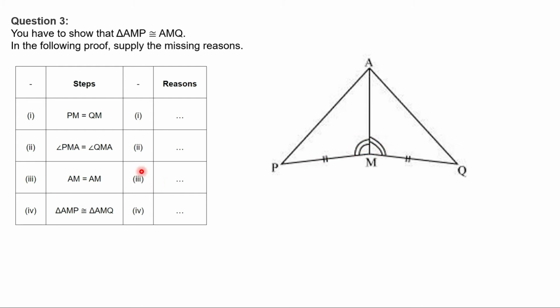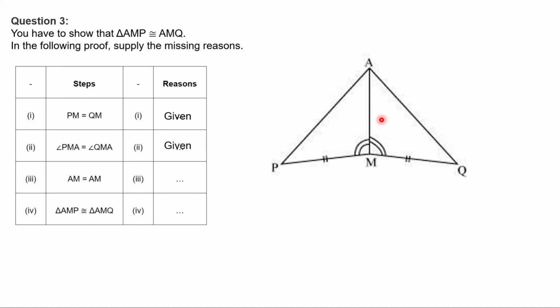Now what is AM equals to AM? This is AM and this is also AM. So AM is the line which is common in both triangles, PMA and QMA. So the third reason is common. And what about triangle AMP congruent to triangle AMQ? What is the criteria? This is side angle side.